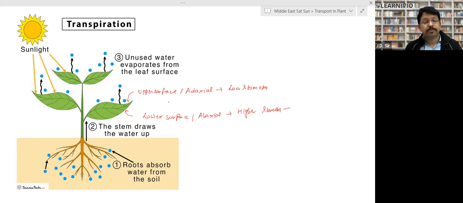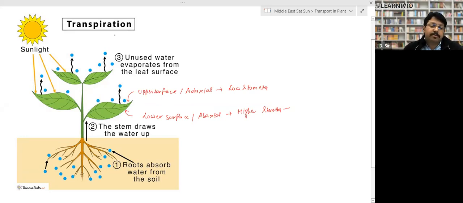Full stop. Hardly 0.2% is used in photosynthesis, while the rest is retained in the plant for growth.